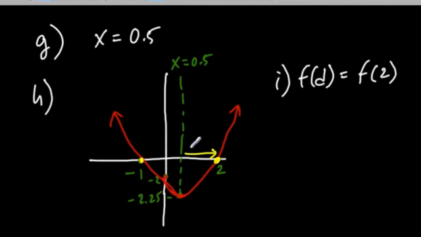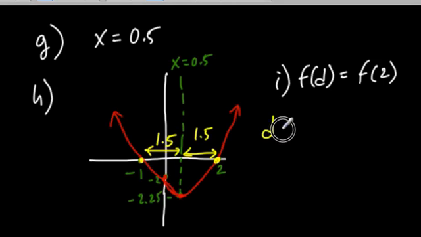So if the output here should equal the output here, what's the distance? We're going to use the axis of symmetry to help us out. So the distance from the axis of symmetry to 2, from 0.5 to 2, is 1.5. To find the symmetrical point on the other side, it should also be 1.5 away.